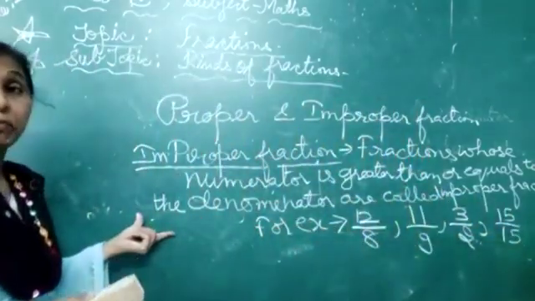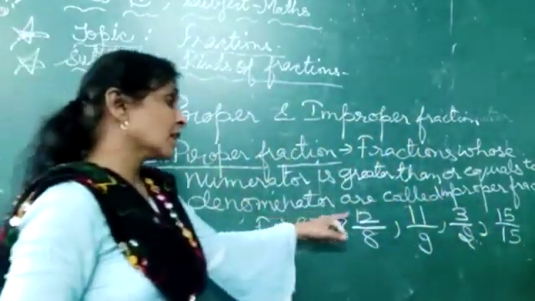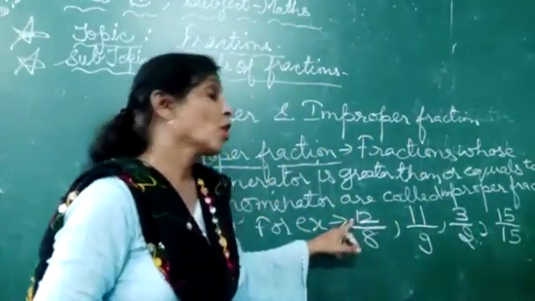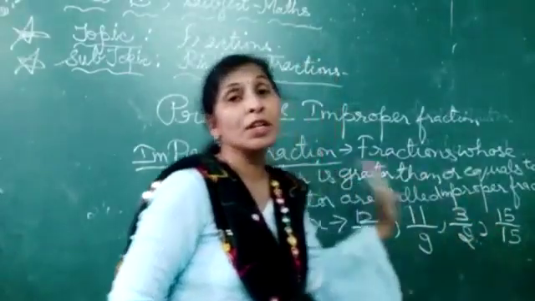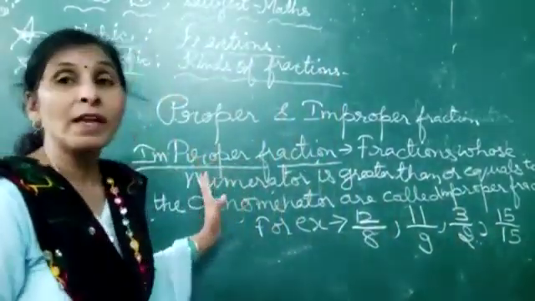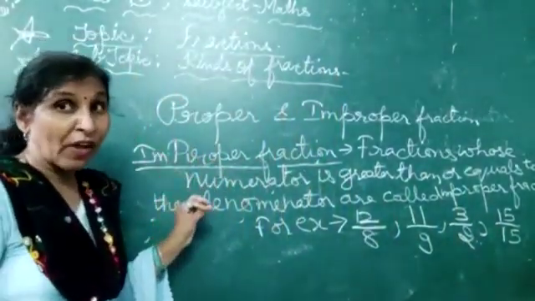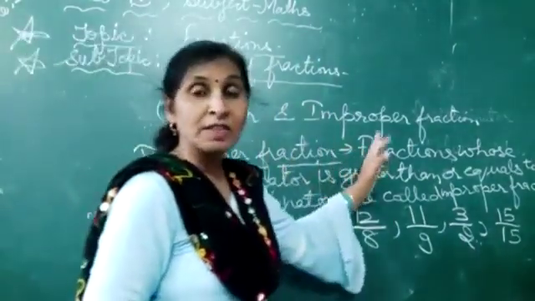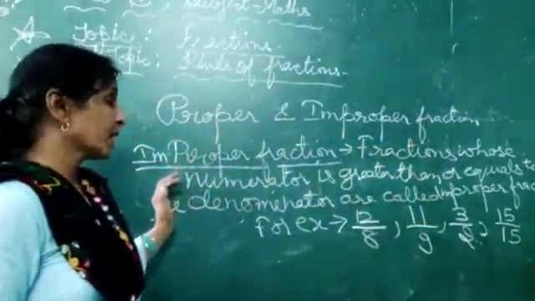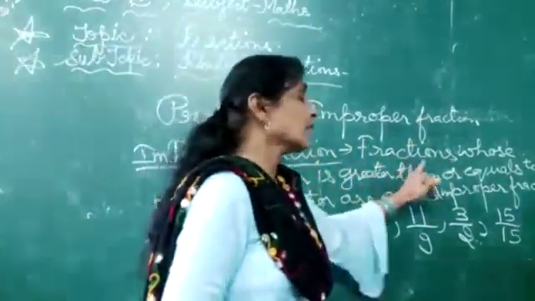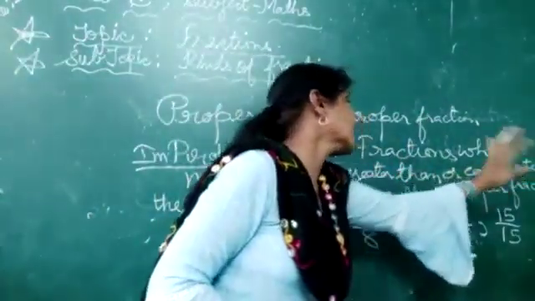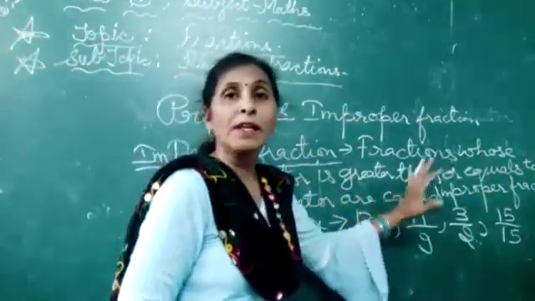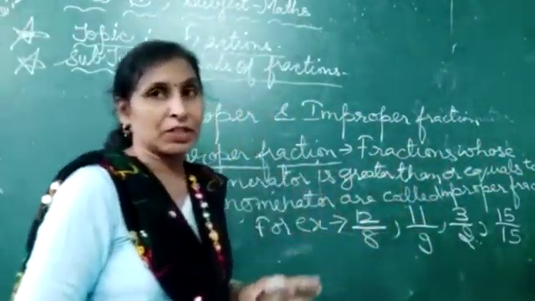Here you see the numerator is greater than the denominator or equals to the denominator. That's why I define this improper fractions whose numerator is greater than or equals to the denominator are called improper fraction.